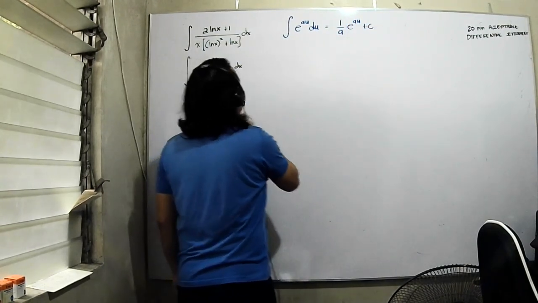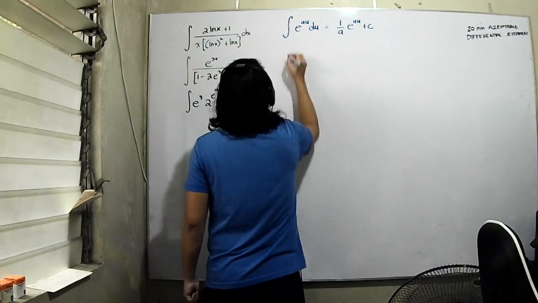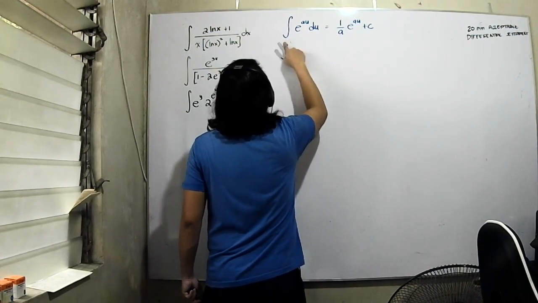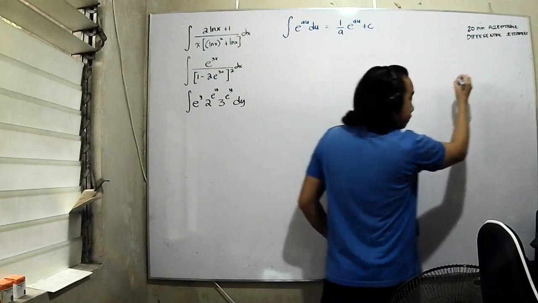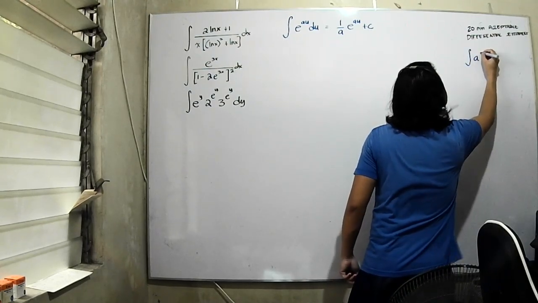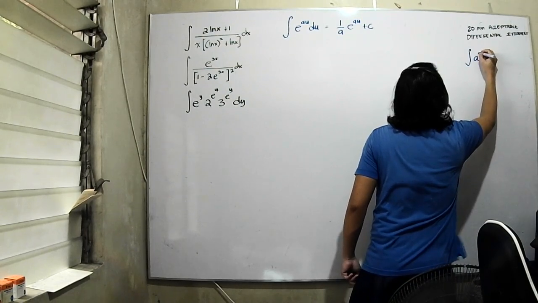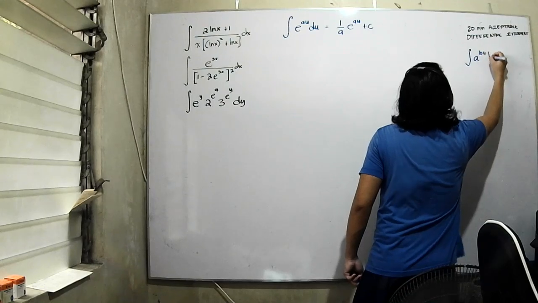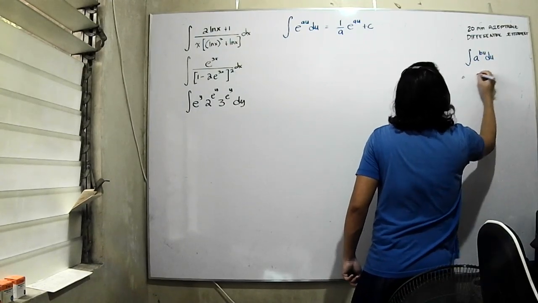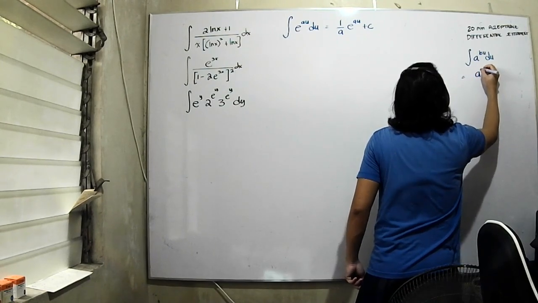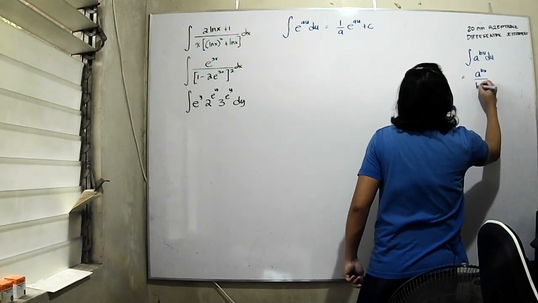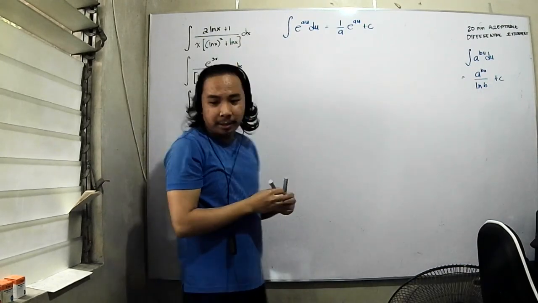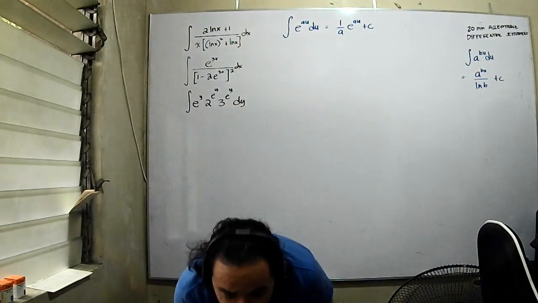Another formula that we can use is, let's say, a to the power of u du, that should be equal to a to the u over ln a. Okay, so those are the formulas we will use here.